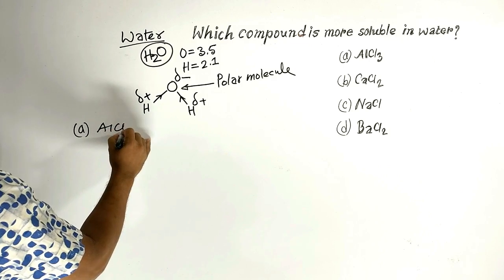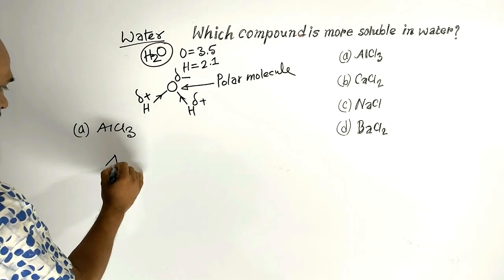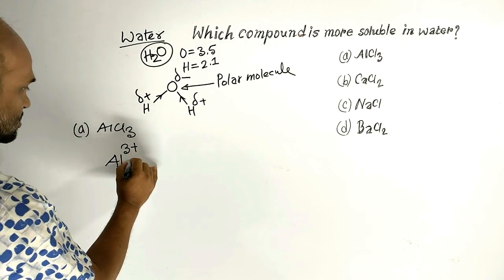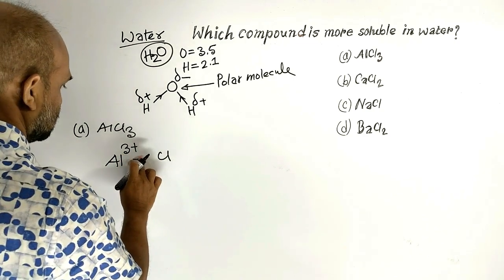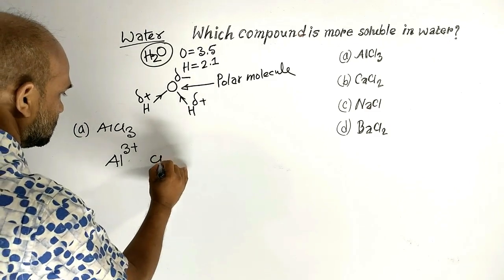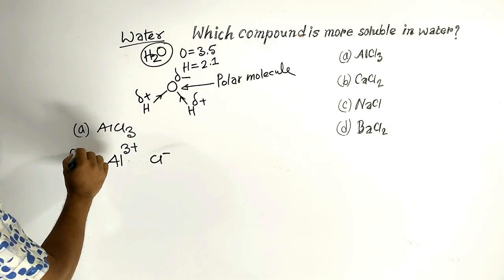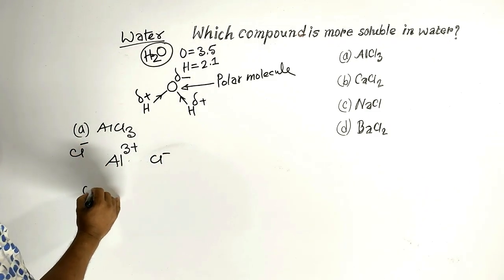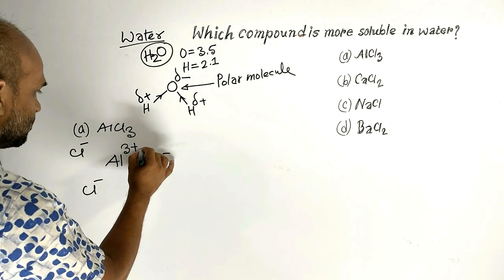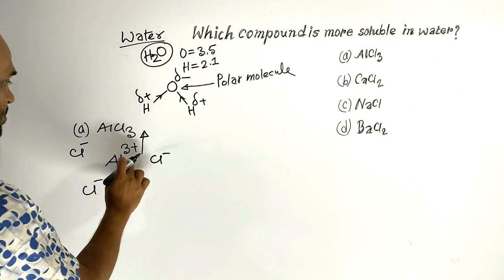Aluminum chloride. Here, aluminum is 3+ charged. Chloride ion. Here chloride ion and here chloride ion. The charge of the aluminum ion is very high, 3+ charge.